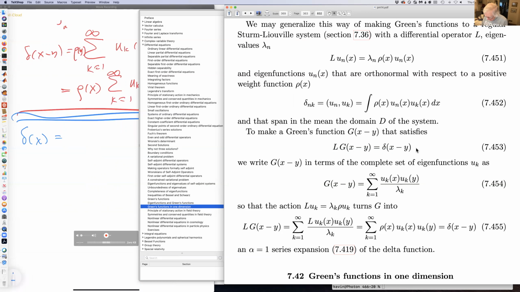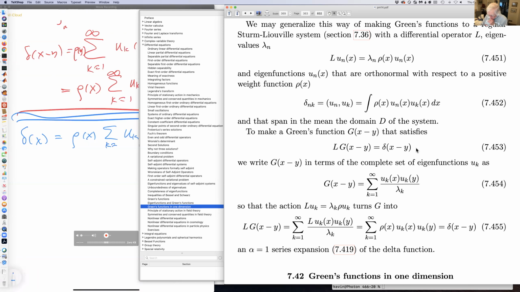And this is then, we can write it as rho of x times a sum of uk of, actually, it would be uk of y.